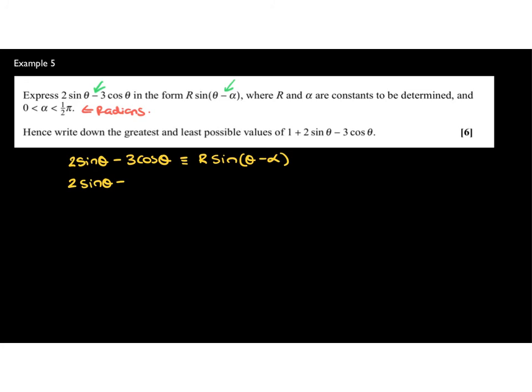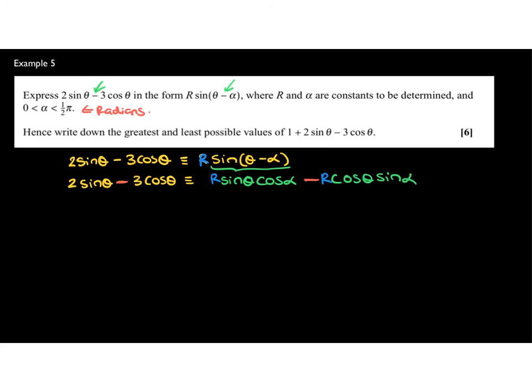Let's expand the right-hand side using our knowledge of the compound angle formula. Sine theta cos alpha minus cos theta sine alpha. So again, you can see the negative here is matched by the negative here, which makes comparing coefficients so much easier. Don't forget there was an r here, so both parts here need to be multiplied by r as well.